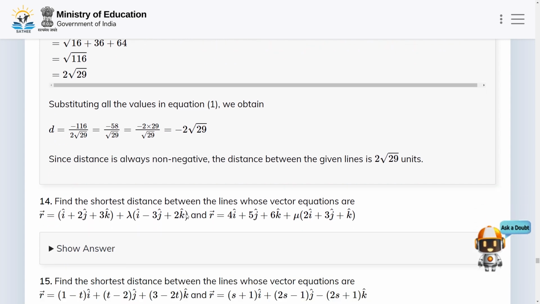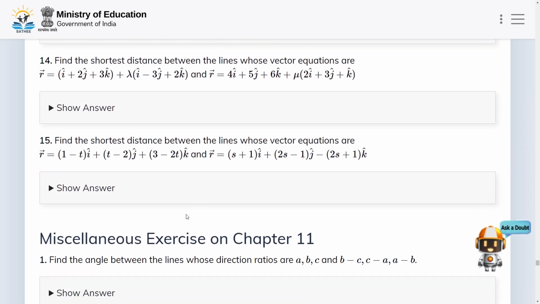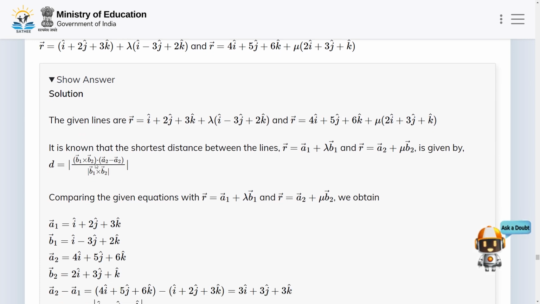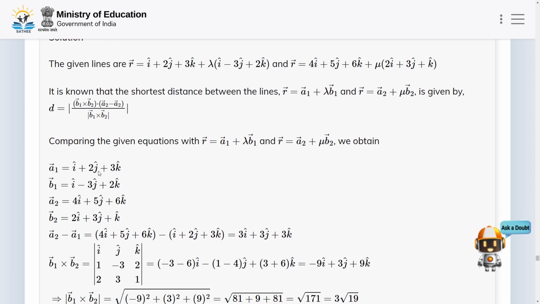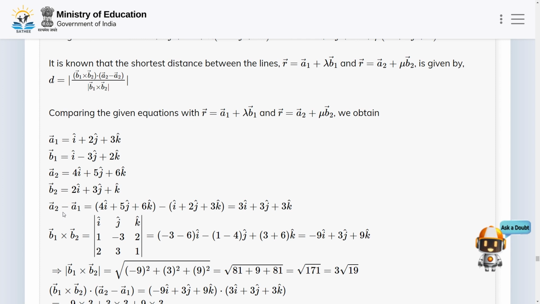Now the 14th problem. The 14th problem says find the shortest distance between the lines whose vector equations are given in this form. Very simple, you know the formula. Just by comparing you will get your a1, a2, b1, b2. Now a2 minus a1 will be 3i hat plus 3j hat plus 3k hat. b1 cross b2 will be minus 9i hat plus 3j hat plus 9k hat.